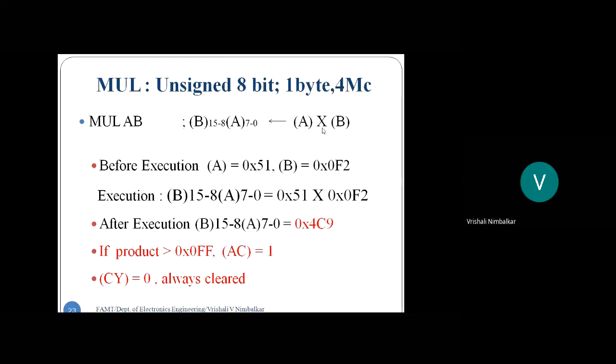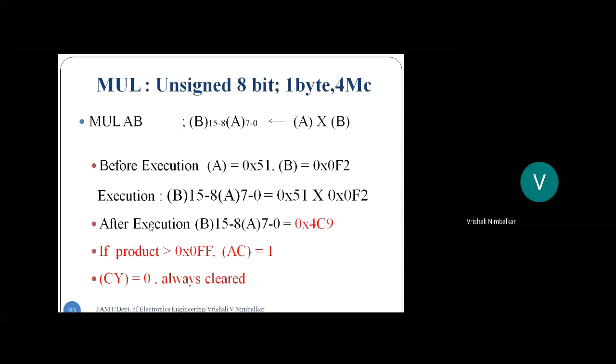Similarly, in binary also, 8-bit into 8-bit can result in a 16-bit answer. Out of that, the lower 8 bits, 0 to 7, are stored in accumulator, and the higher 8 bits, 8 to 15, are stored in B register. So 8-bit into 8-bit unsigned multiplication gives you a 16-bit unsigned answer.